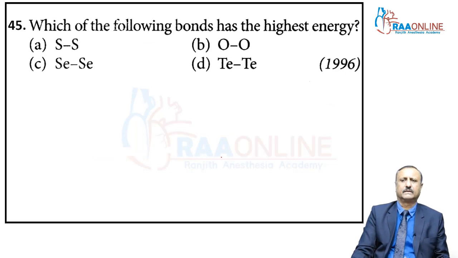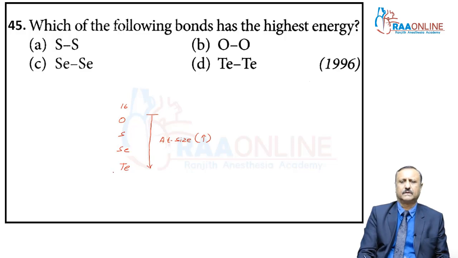Now my dear students, we can see question number 45. Which of the following bonds has the highest energy? Here, my dear students, oxygen, sulfur, selenium and tellurium are in group 16, as you know, and when you move from top to bottom, atomic size increases, and when atomic size increases, it means bond energy is lower.